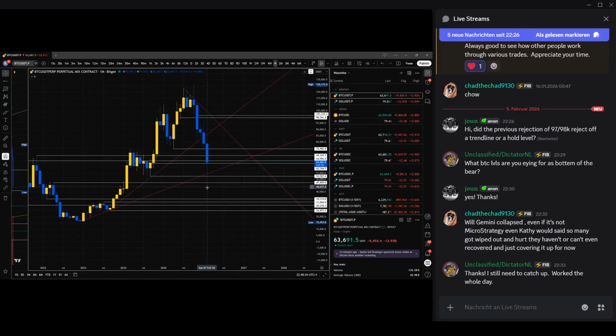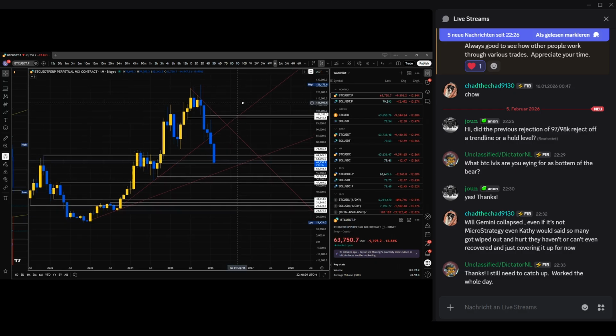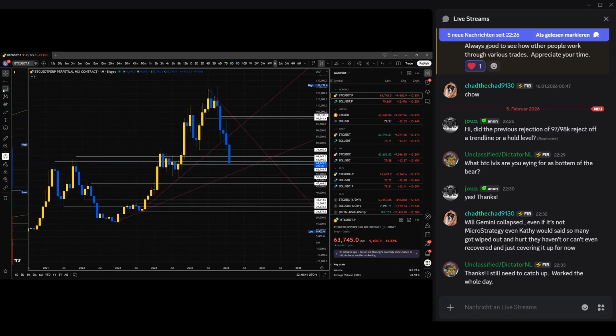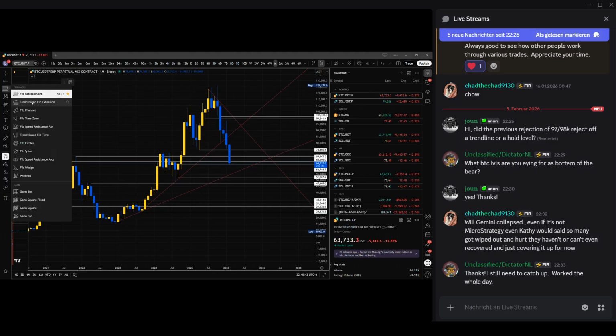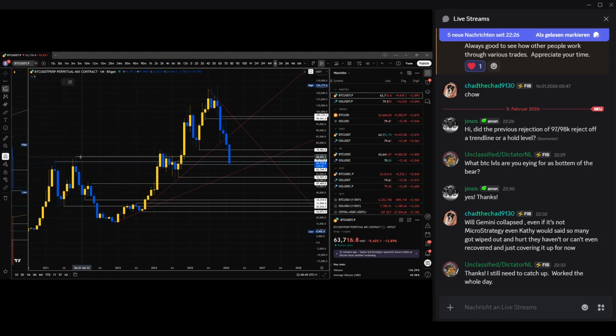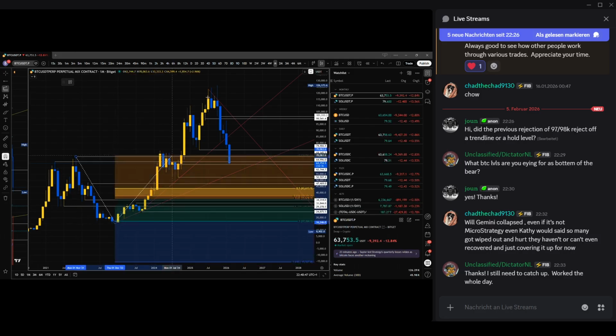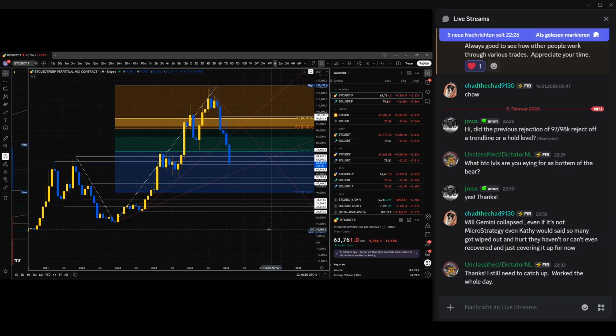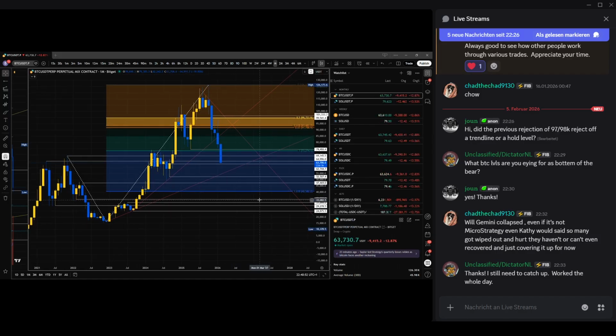And within that context, you can find the lines where it will most likely go to and not go to. So if we use an inverse FIB, trend-based FIB extension, for example, then you can also see that 40K, 4,500 will be a very famous level for the algorithms to buy up. And if you then get another dip into that 38K, then fair enough.